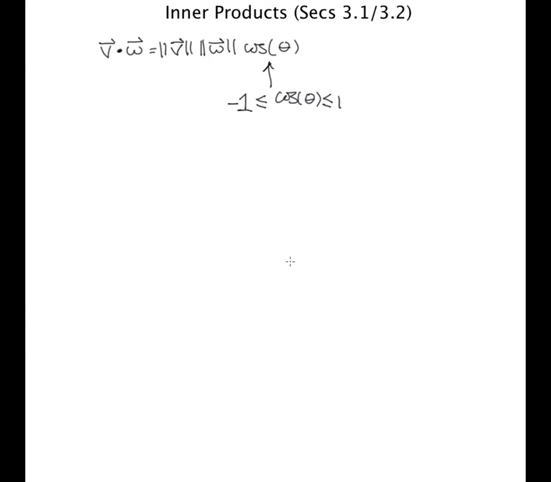And so what that says is that the biggest that V dot W can be is the norm of V times the norm of W, because cosine theta is less than or equal to 1, and it's greater than or equal to minus 1.